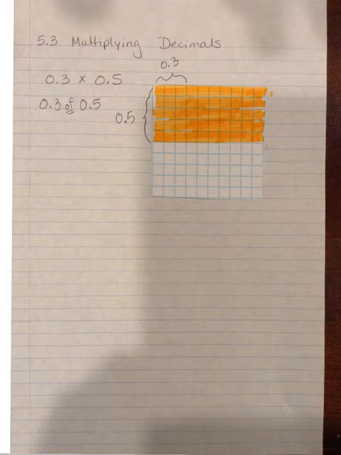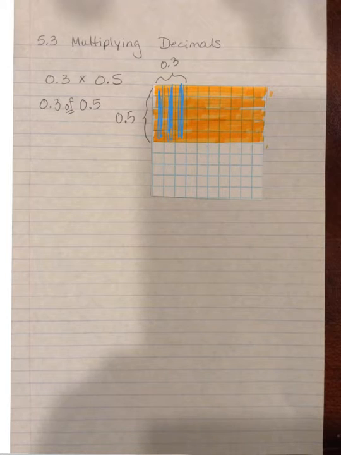So only of the shaded area already, we'll take 3/10 of that. So I'll color that in with my blue. 1, 2, 3. So 3/10 of 5/10.